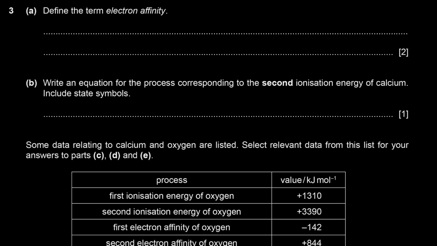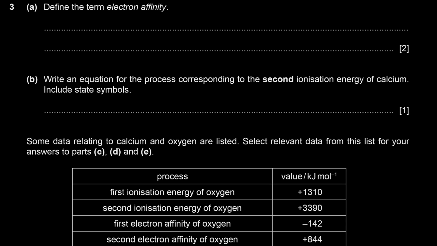So next over here we have question number 3. The question says define the term electron affinity. Now we know that the electron affinity is the enthalpy change when 1 mole of electrons are gained by 1 mole of gaseous atoms or ions.